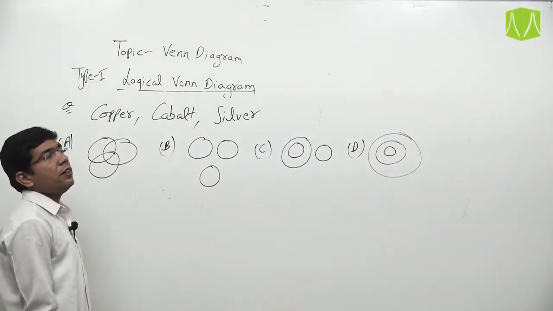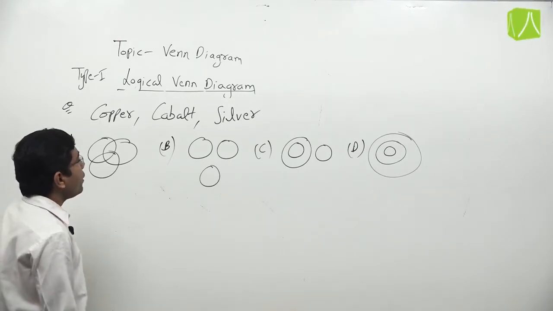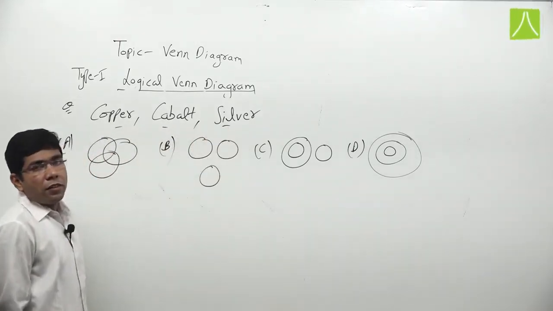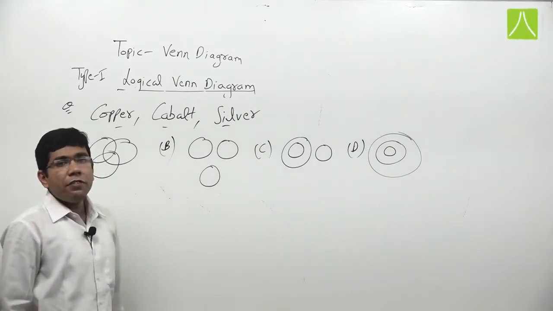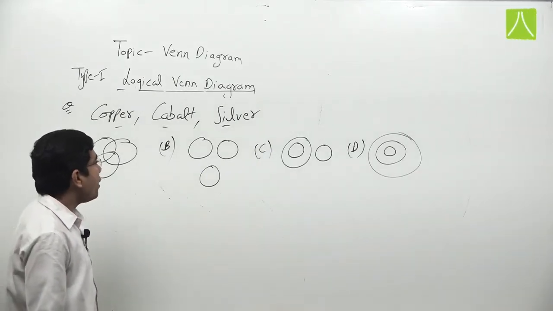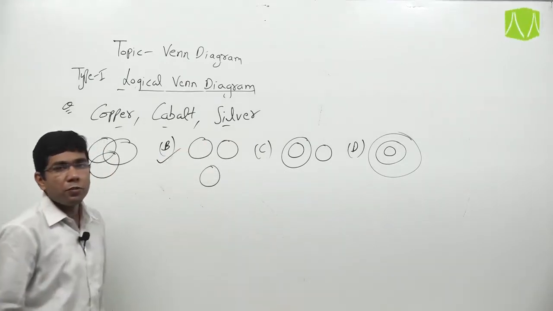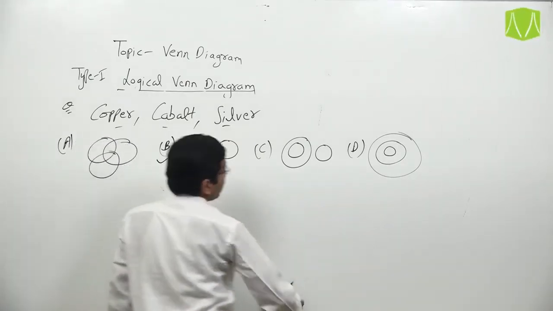Now we have to find the proper relation between copper, cobalt and silver. We know that copper, cobalt and silver are all different things which have no relation among them. So for this our answer should be option B.